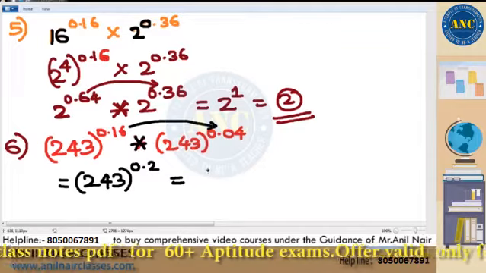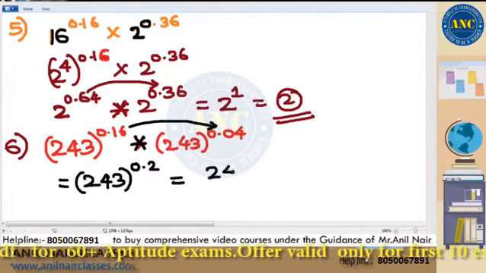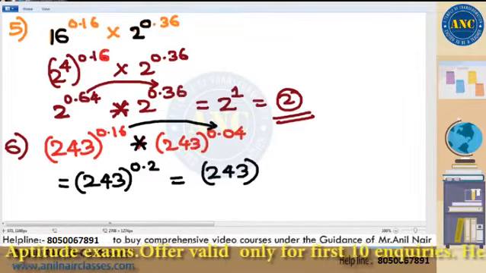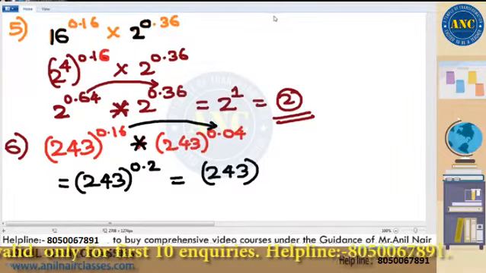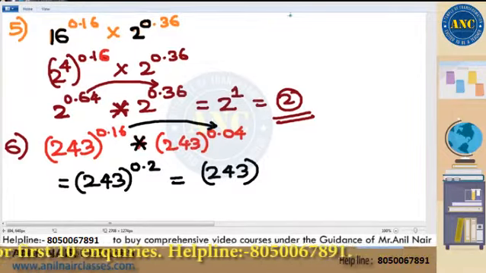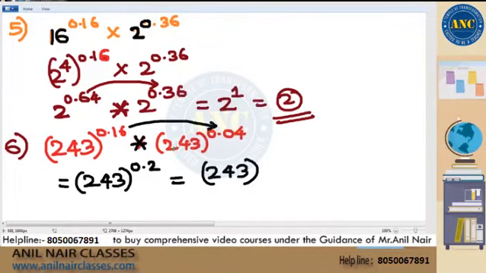Now what can I do from this? This is nothing but 243 to the power of 0.2. This is again something which we discussed in our fraction to percentages conversions in our percentages class and also DI class. 0.2 is nothing but 1 by 5, right? That means basically they are asking you what is the fifth root of 243.